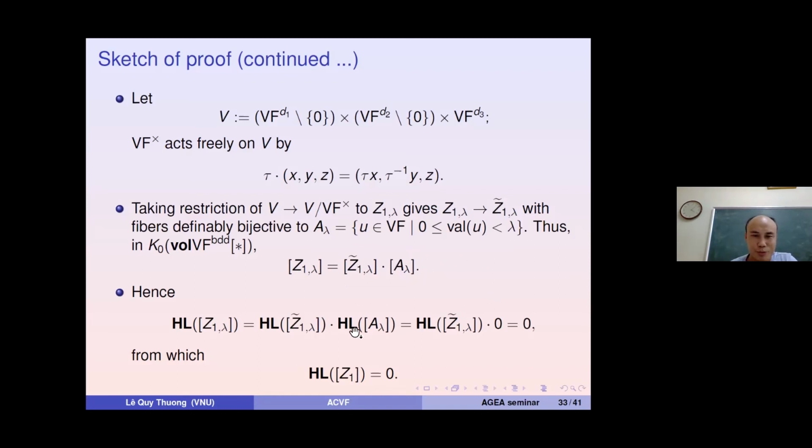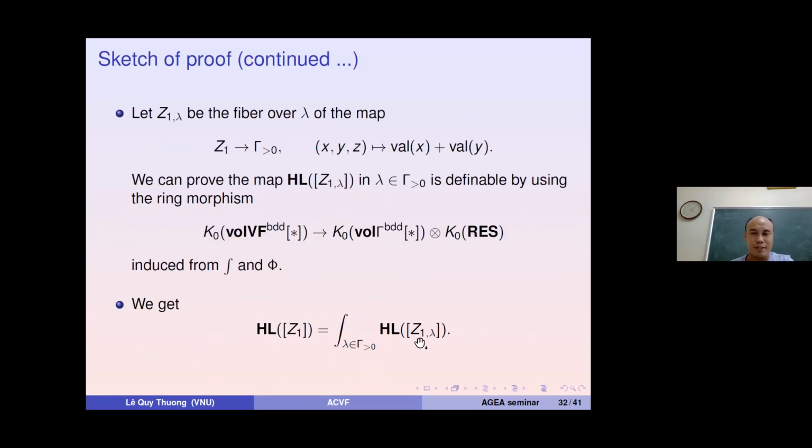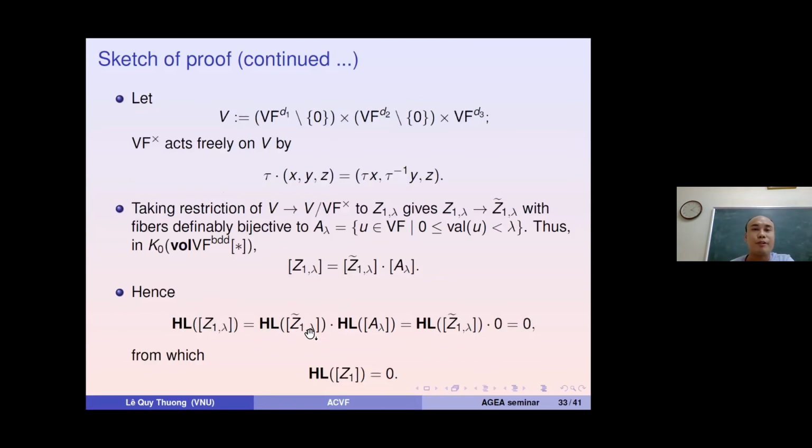It's very easy to compute that the SL of A lambda is 0. Because we also use the fact that SL is a ring morphism, this function becomes a zero constant function, and back here we get this one vanishing, which finishes the proof of the integral identity conjecture.